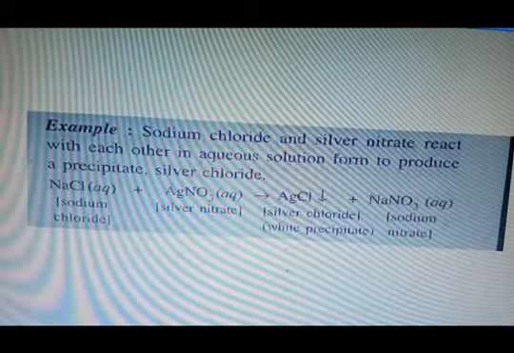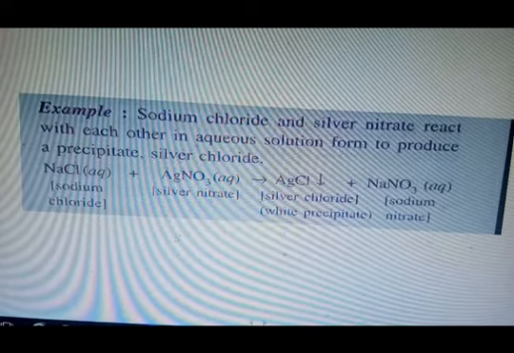But again, if you make a solution, that means if you put sodium chloride in water and dissolve it in one vessel, and in another container or another test tube, if you want to do the reaction on a very small scale, you can dissolve the silver nitrate in water.